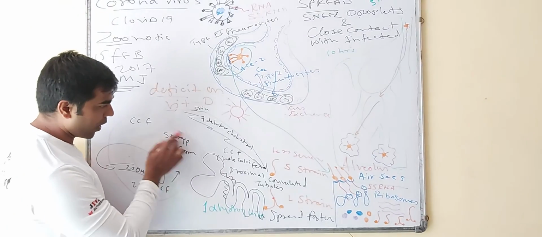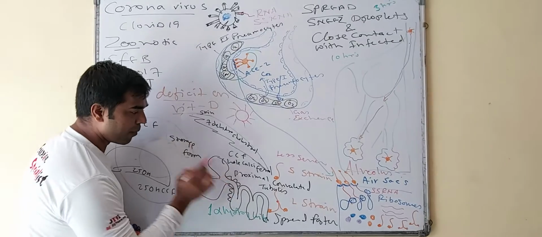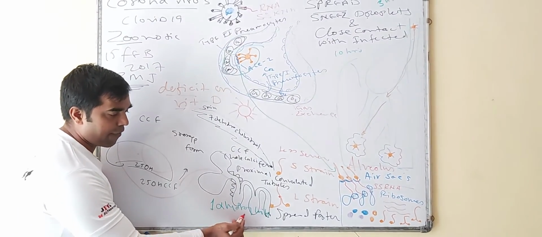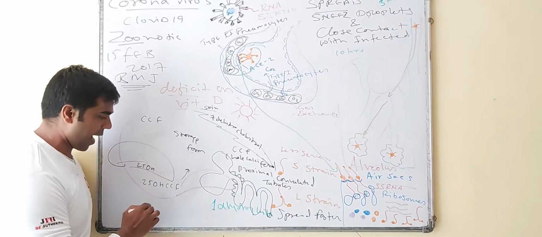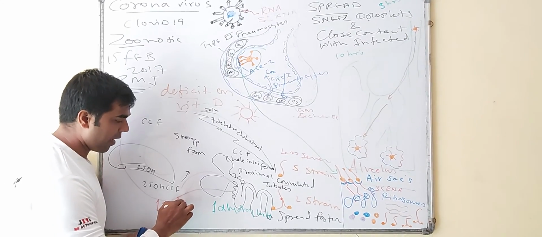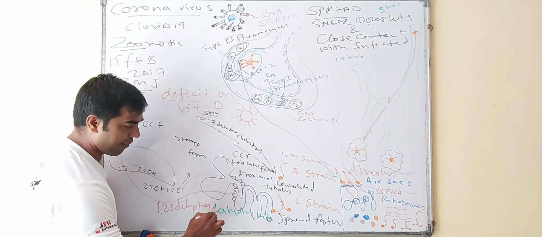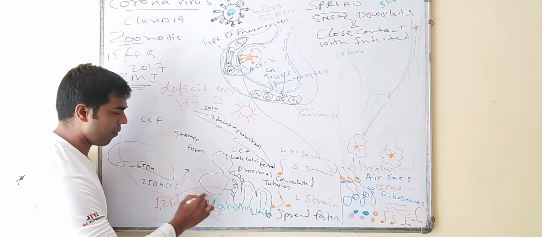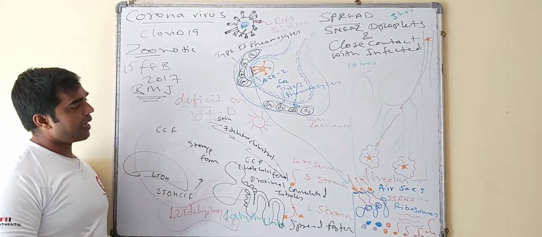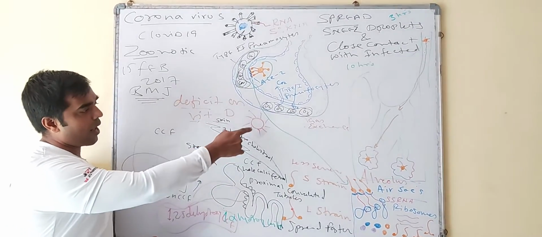Now this vitamin storage form, 25 hydroxy CCF, will go into the PCT and be acted upon by 1-alpha hydroxylase and come out as 1,25 dihydroxy CCF. This is the matured form. Right? So this is how vitamin D3 is made by sunlight. So you should keep yourself up with vitamin D3 via sunlight.